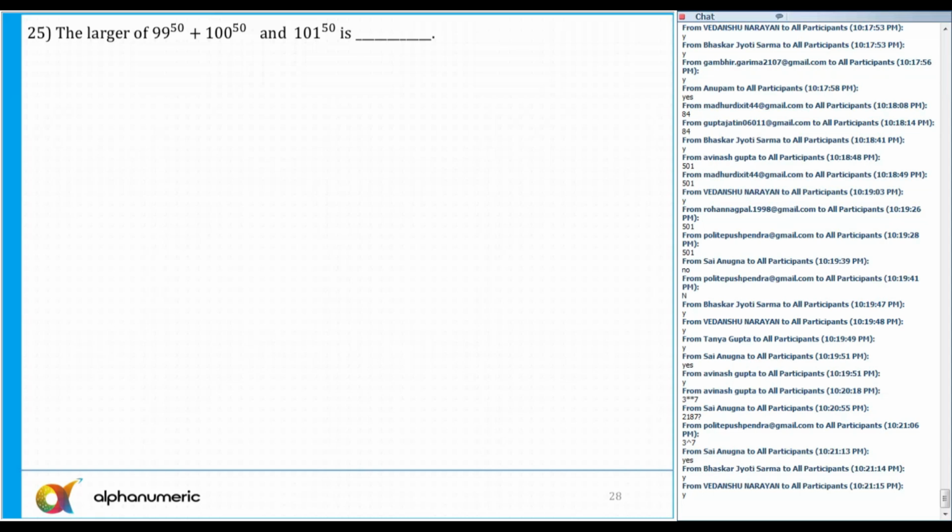I need to identify this. Anyone, whether the first term is larger or the second term is larger, please tell me.